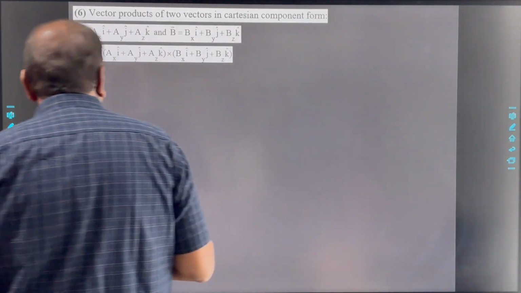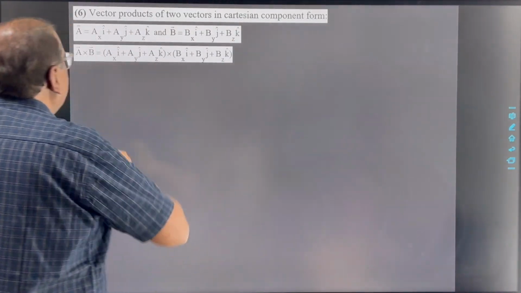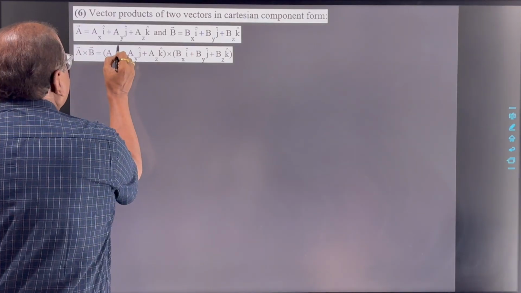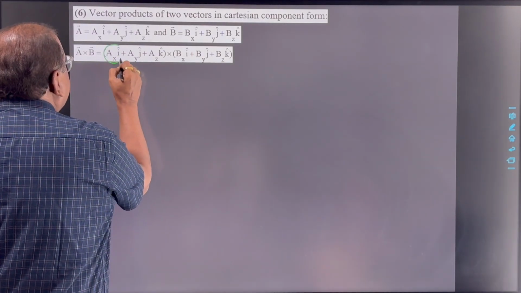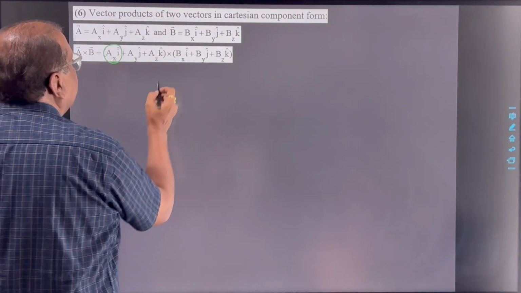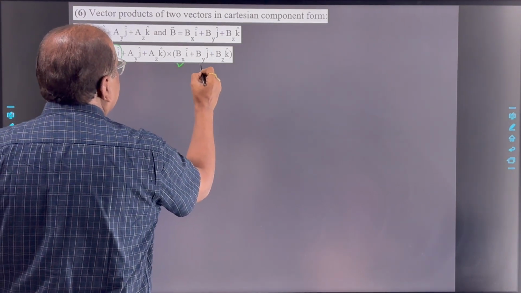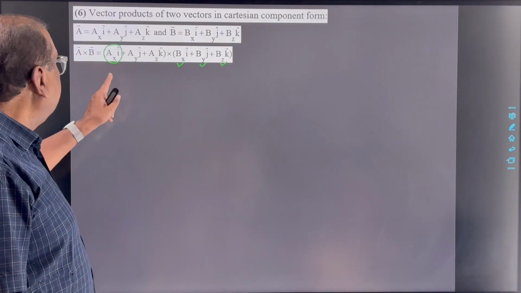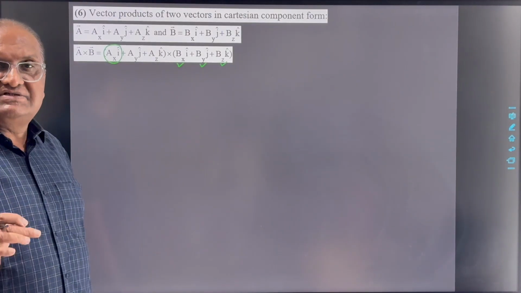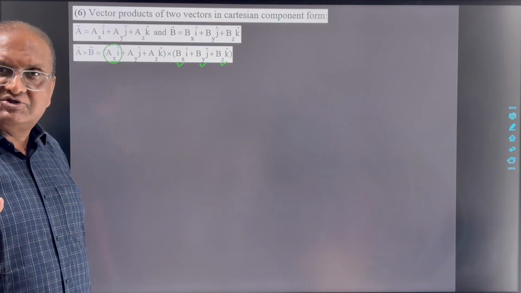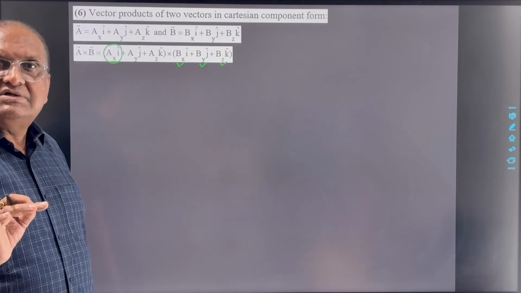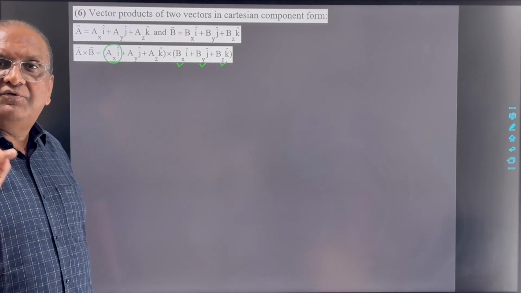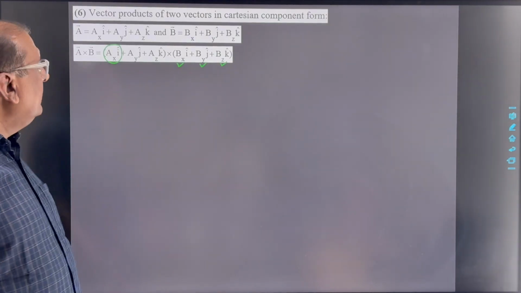Now carry out this multiplication in this way. First take Ax i caret and multiply it with these three one by one. Here the symbol of cross will be placed between vectors only, because cross product is defined for vectors only.